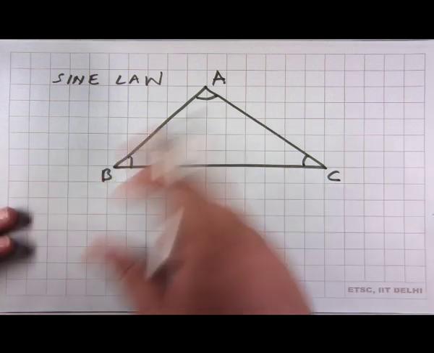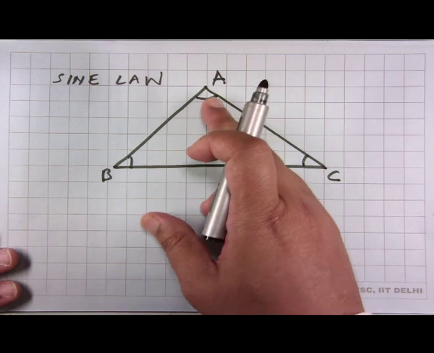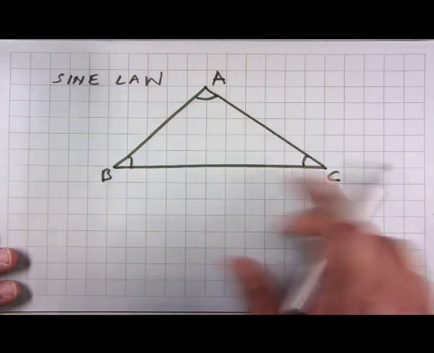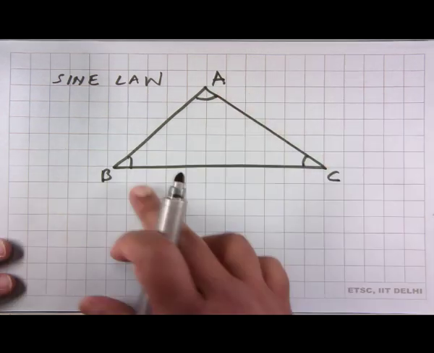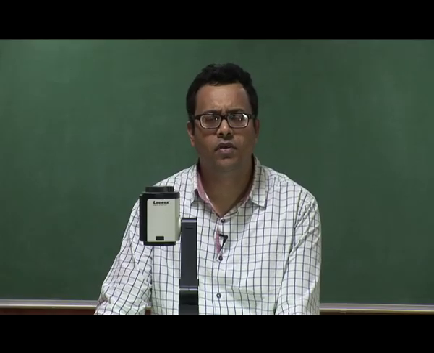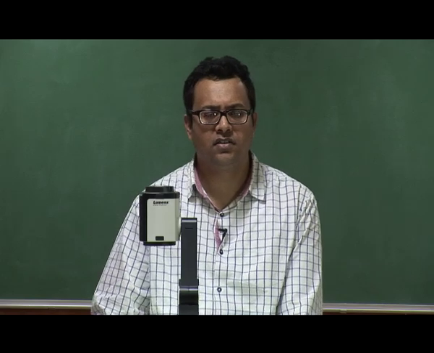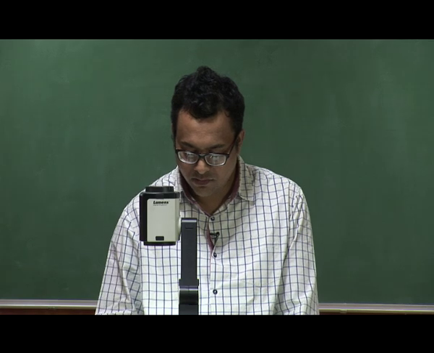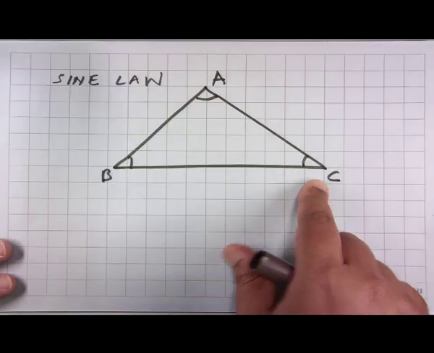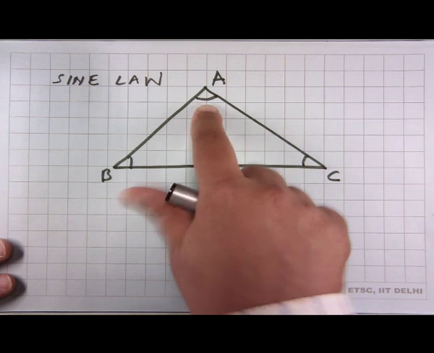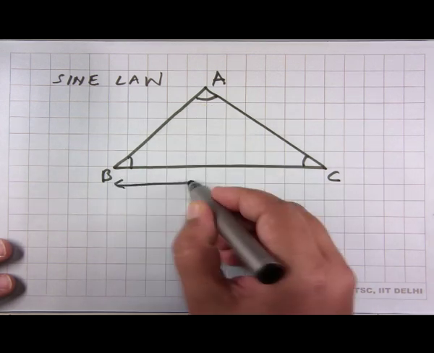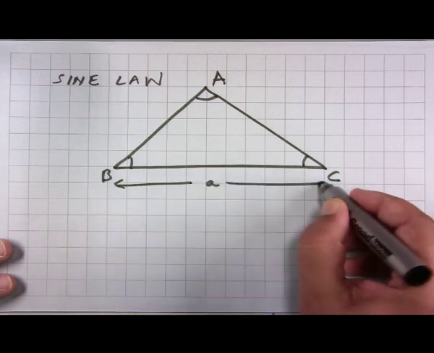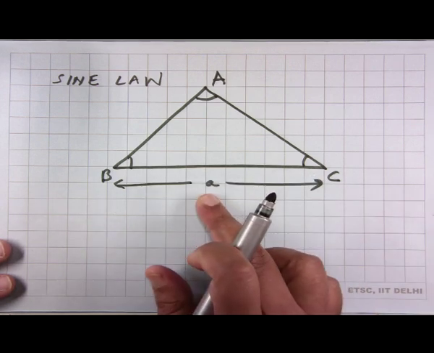The three sides are of course AB, BC and AC. The convention that we will be following in all subsequent lectures is that we will denote the length of the side BC, which is opposite to angle A, by a lowercase letter a.